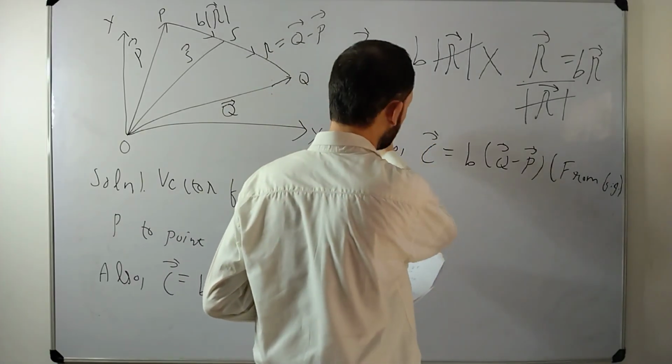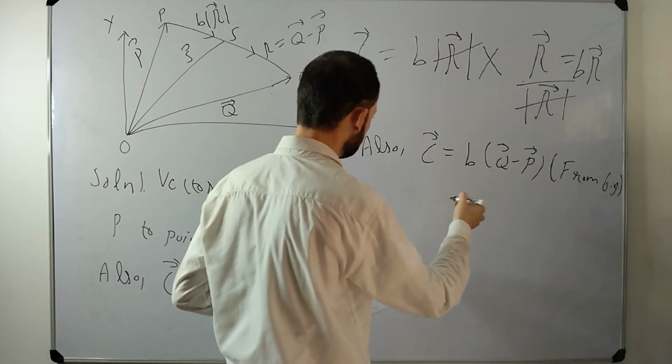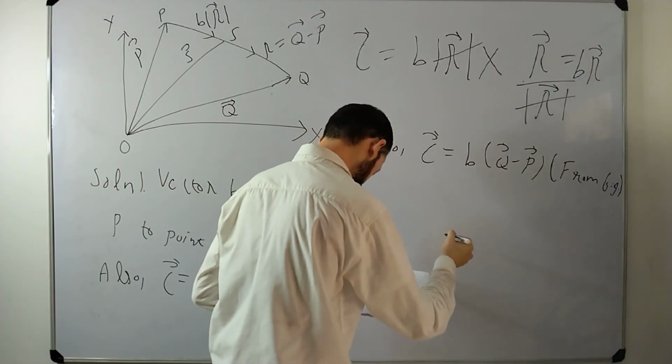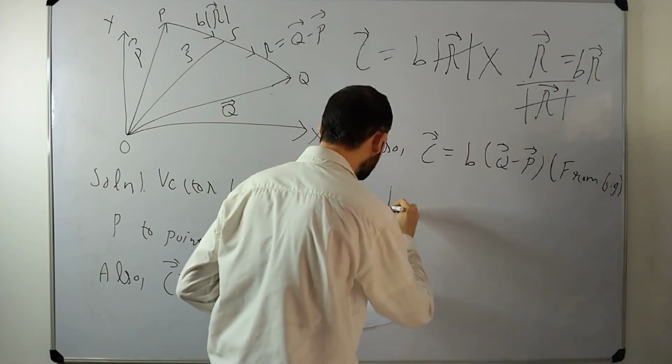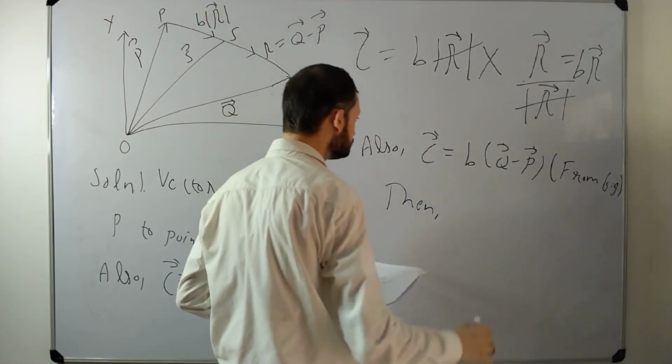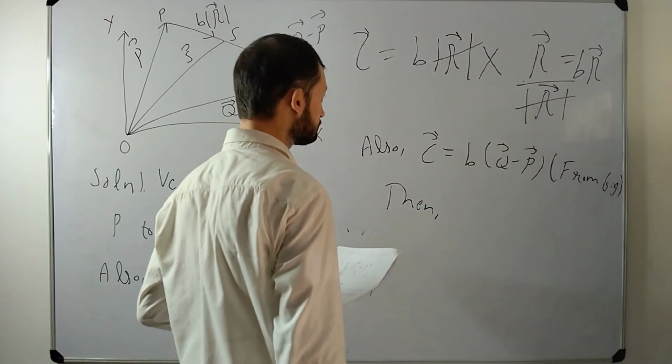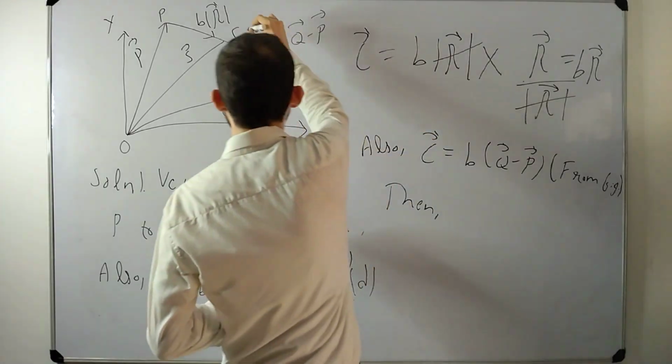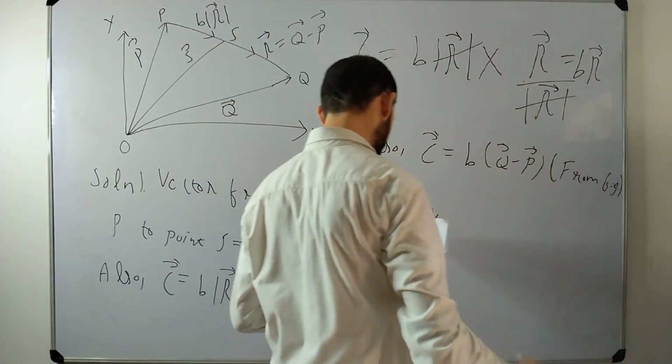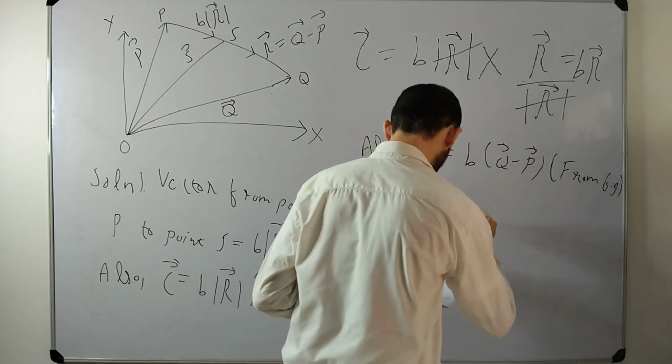So this is R value, no? Q minus P. Yes, sir, we have understood. So the next, then, yes, I need to put here.